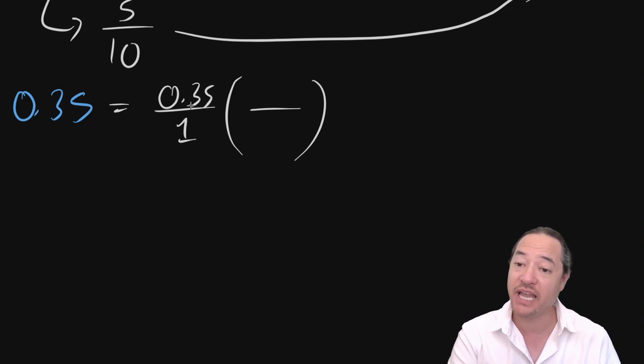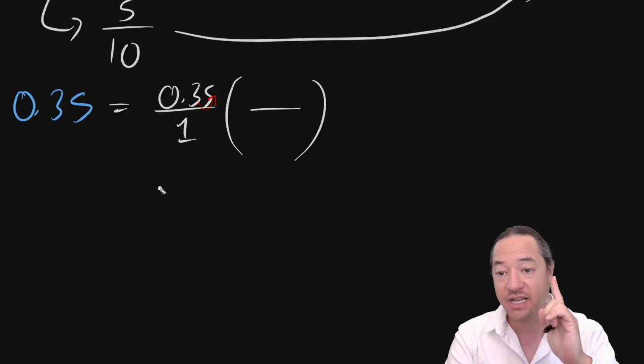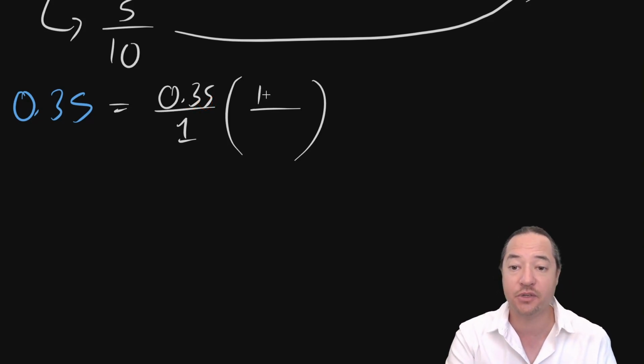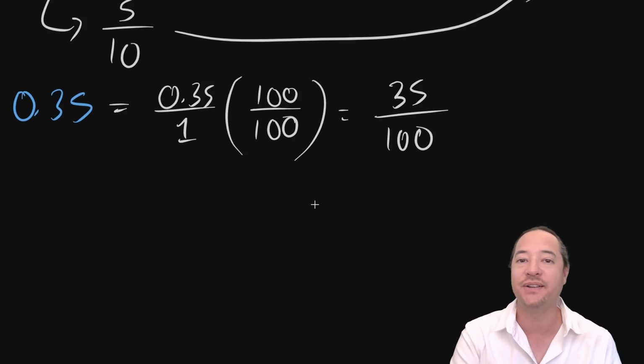Now, in this case, we have to shift this decimal point over 2 spaces. So to do that, we have to multiply the top by 100, right? And then to make this into a 1, we have to divide 100 by 100. So this is the same as multiplying the original number by 1. We're going to get 35 on the top and 100 on the bottom. Okay, there you go.